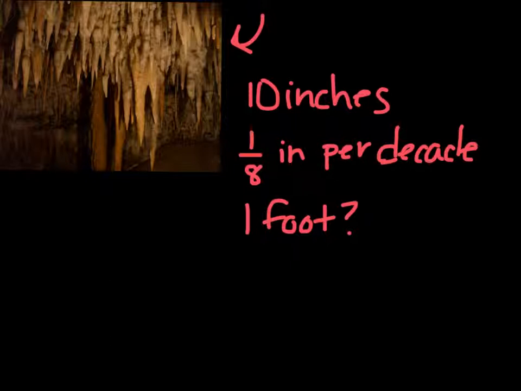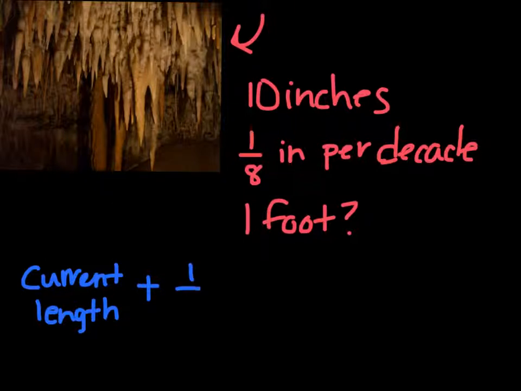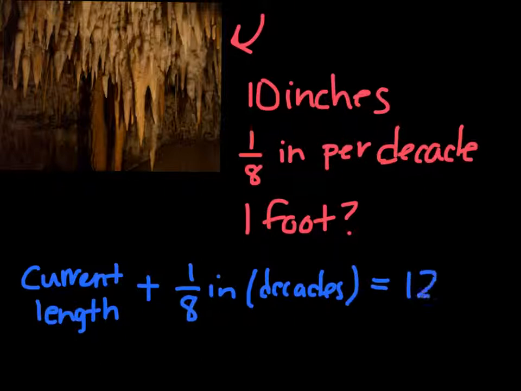Let's start this process by writing a verbal model of what we need to calculate. So we're going to start with the current length. And to that we need to add the growth rate, which is 1/8 of an inch, times the number of decades, to equal 12 inches, or the new length, which needs to be at least a foot, so I'm going to put in 12 inches for that.